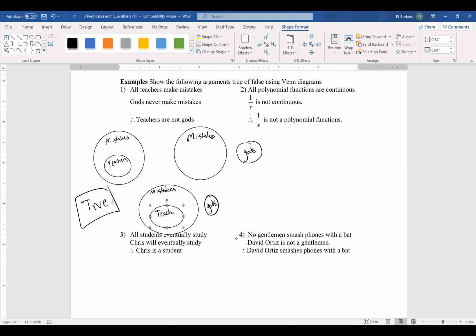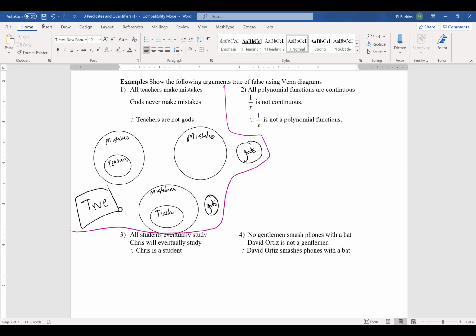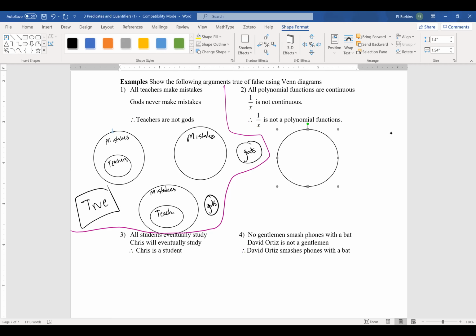All right, the second one here says all polynomial functions are continuous. So if this thing is polynomial functions, then I'm sorry, darn it, I put the wrong thing there.